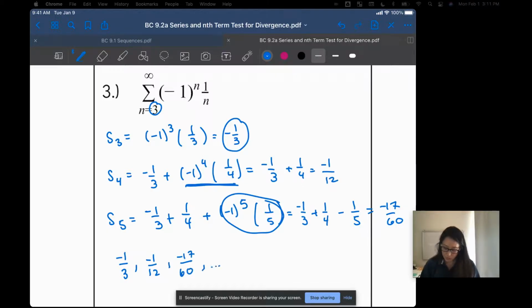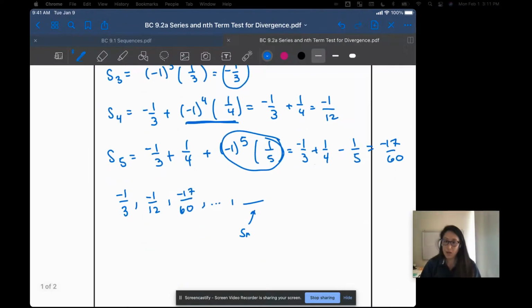So I need to write the rule for S sub n so I can take the limit. But honestly, it can be very difficult to find the rule for the nth term of your sequence. So what we do is we ditch this idea and we look at a list of shortcuts or tests that we have to see if the series converges or diverges.